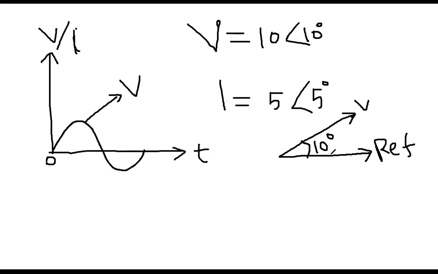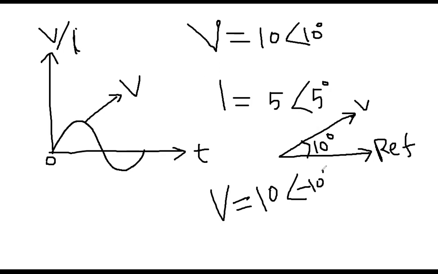Everybody understand this one? I am just drawing this on a graph paper. So for example, this is my reference, zero line, and 10 degree. What is the meaning of this vector? I am drawing the vector. So I went anti-clockwise because the angle is plus. If I had the angle minus, take another example. For example, it was minus 10 degree.